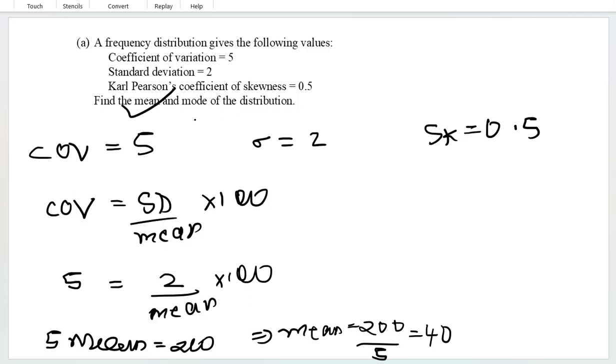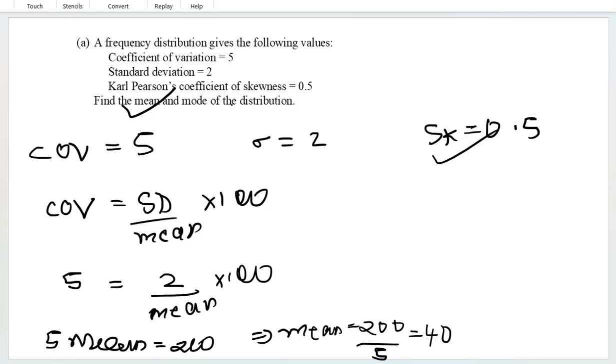Now our job is to find the mode. So for this, we use the other information that is given to us, the information regarding SK. We use this SK information to find the other option. Now SK has two formulas, mean minus mode upon SD, or 3 times mean minus median upon SD.